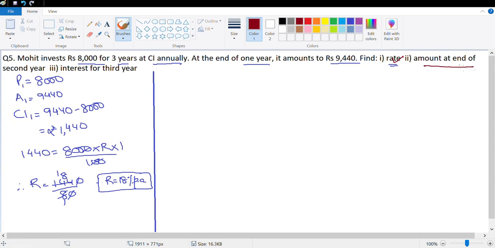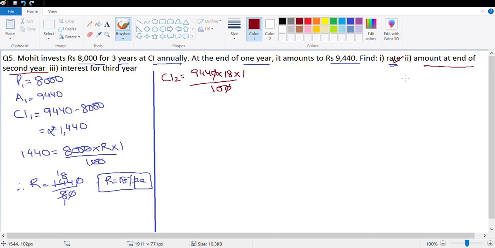So the amount at the end of second year. Okay, so CI for the second year would be equal to principal, which is 9440 into rate into time upon 100. So that's 944 into 18.